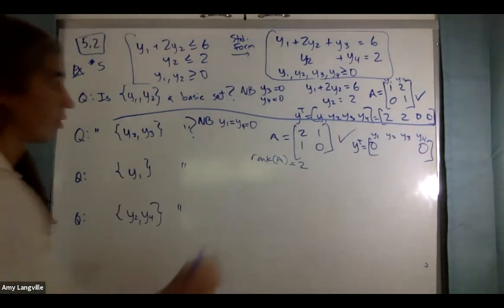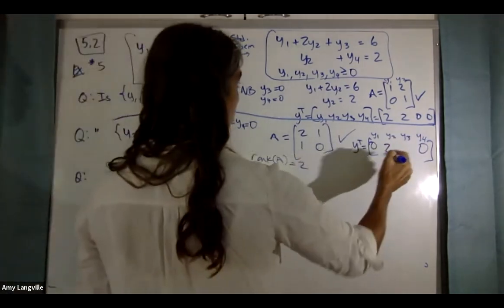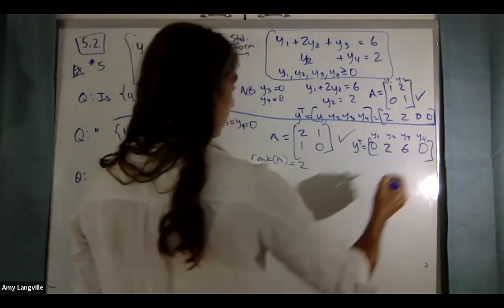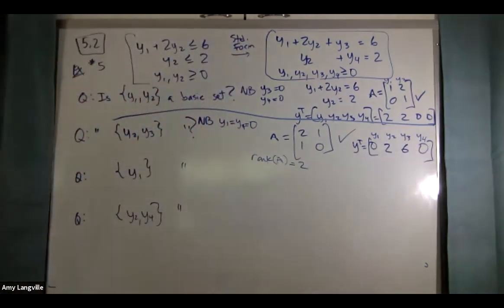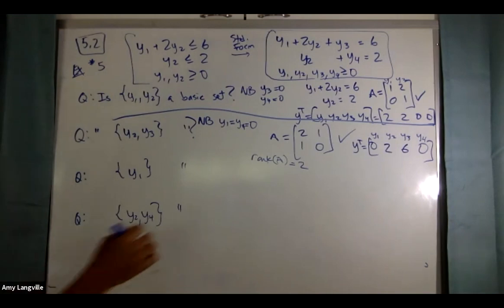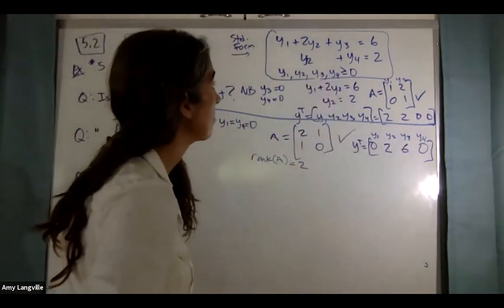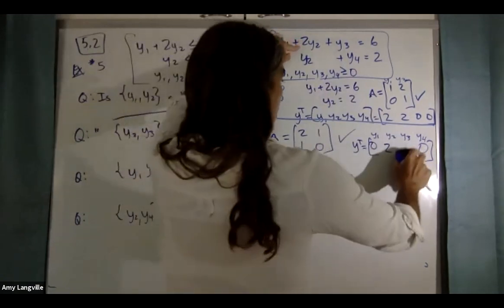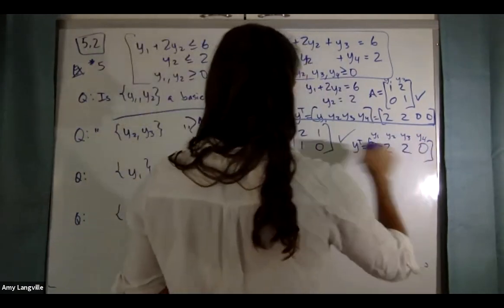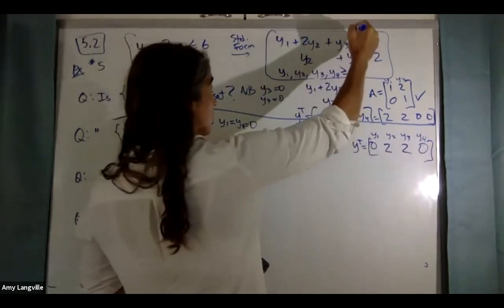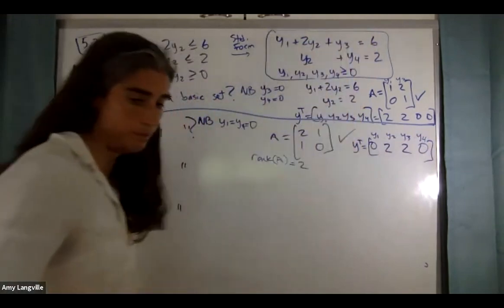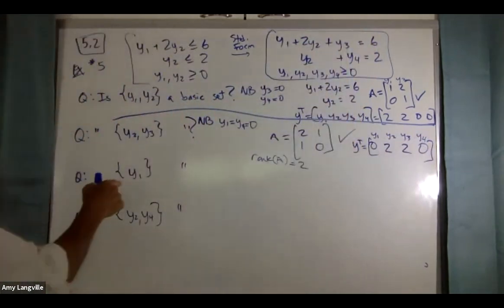Let's see, what we're left with is y2 is 2, y3 is 6? Is that right? Oh no, sorry. y3 is 2 again, right, because 2 times 2. So I'm just solving this little subsystem here.